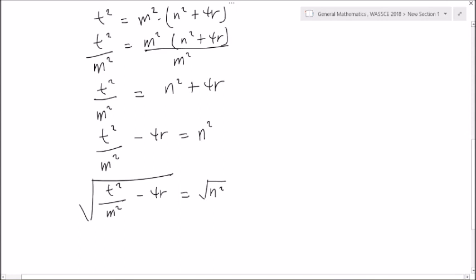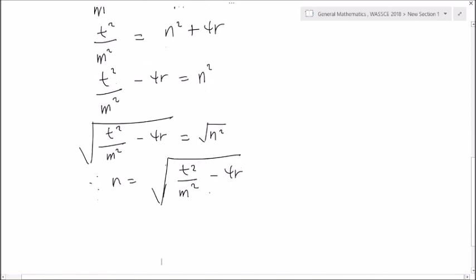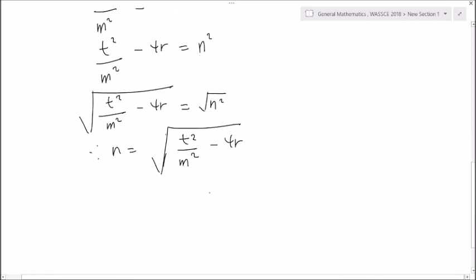The square cancels the root sign. So we have therefore n is equal to the square root of t squared over m squared minus 4r. So that is basically our solution. That is making n the subject of the relation.